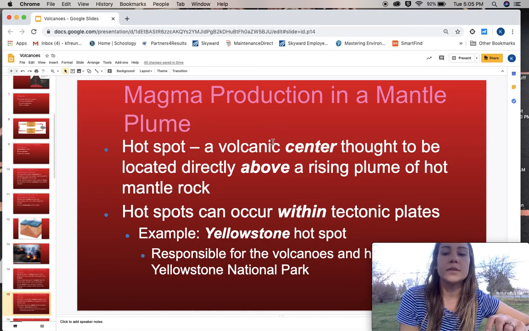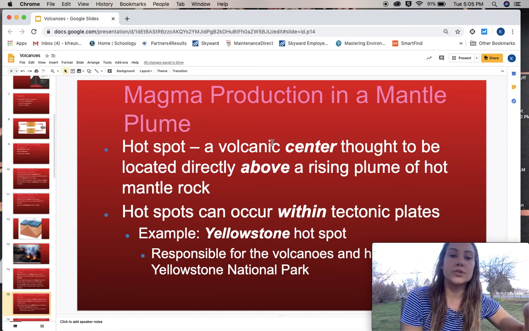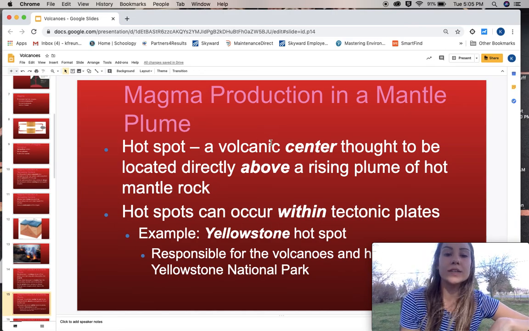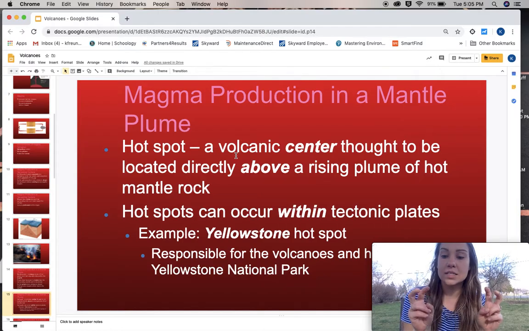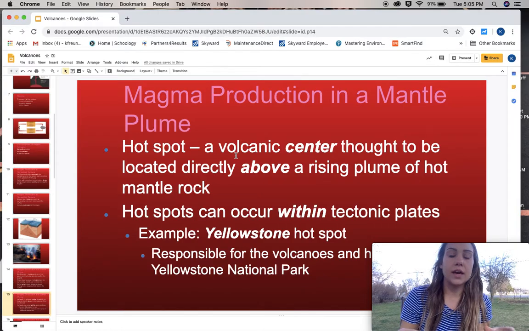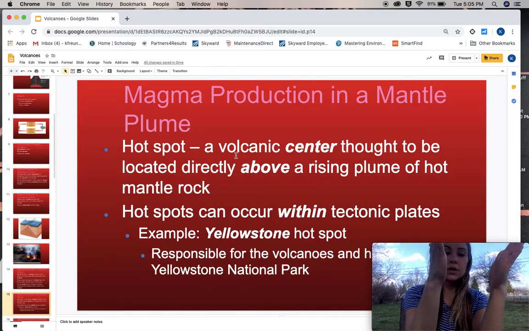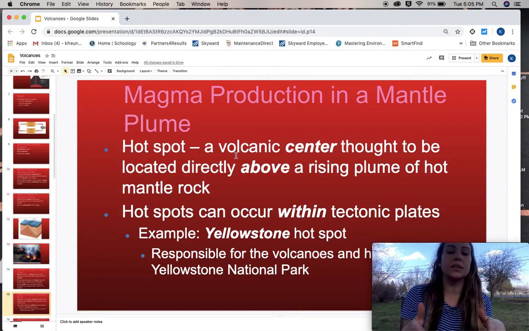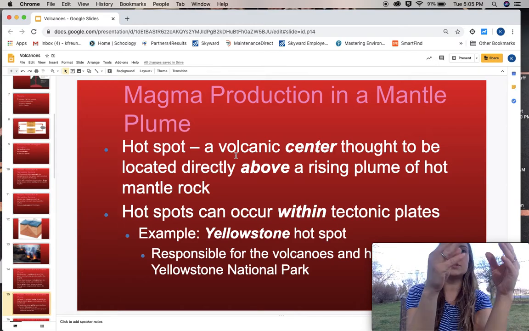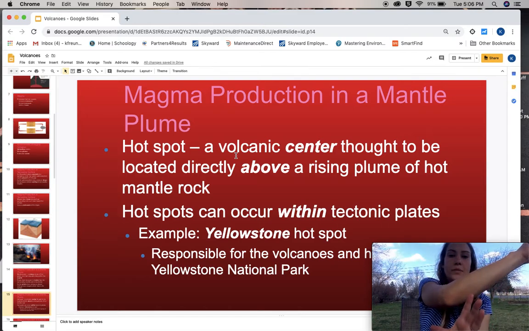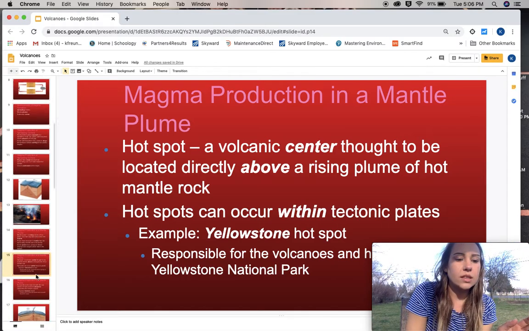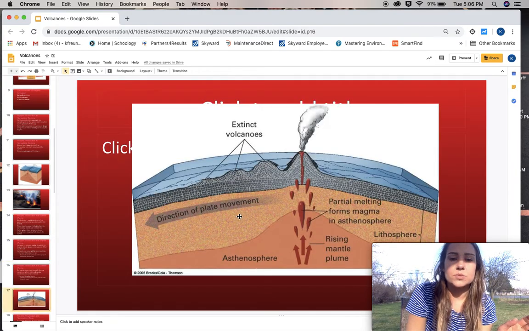So a hotspot, we talked about this in our last unit, is how the Hawaiian Islands were formed. So basically you have a really hot spot in the mantle that has this rising plume of magma, and as that plume keeps erupting and the magma keeps coming out, the plate is moving on top of it. And you can kind of see that happening in this picture here.